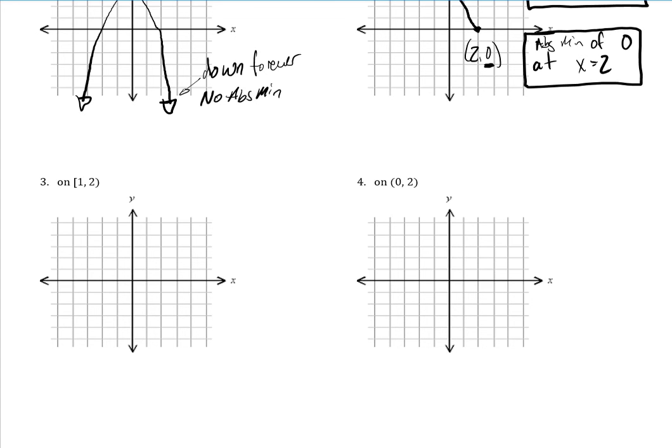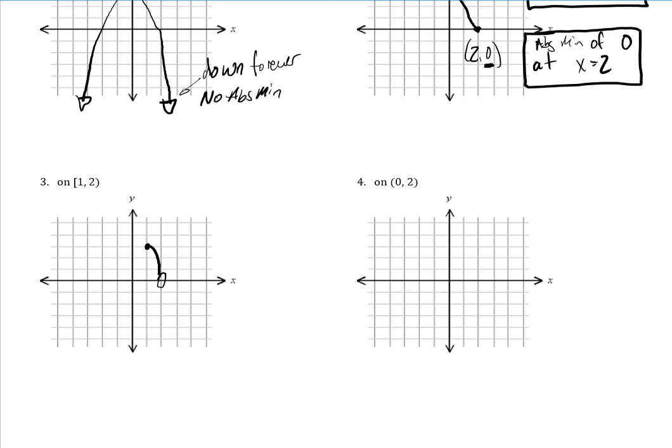One side's closed, one side's open. What we could do is still sketch it. If I plug 1 into that function, I would get a y-coordinate of 3, and it would have a solid dot on it because of the closed interval on the 1. And then at 2, we already know where that is, but it's a parenthesis, so we're going to have an open dot like that. And then from there, I can connect it something like that.